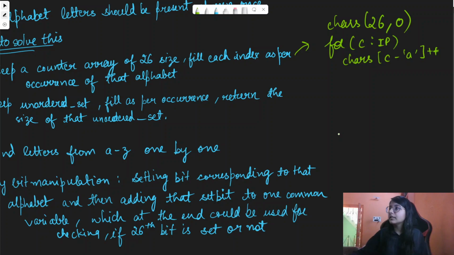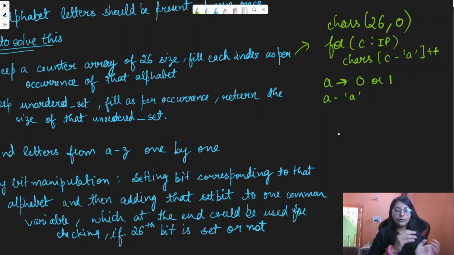See, our 'a' could be written as 0, right? And how can we write it like this? By simply subtracting 'a' from whatever char value is given in the ASCII code. After subtracting that, we get 'a' as this value, either 0 or 1.